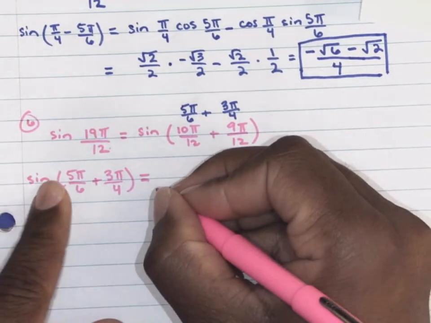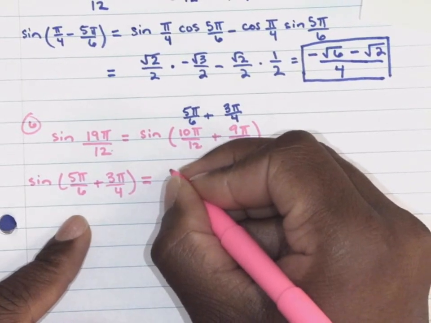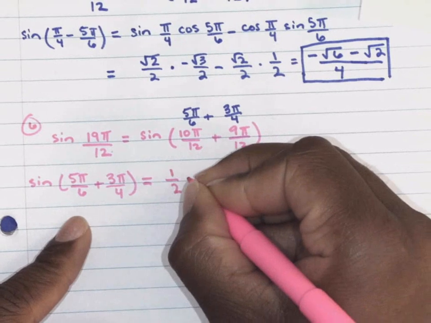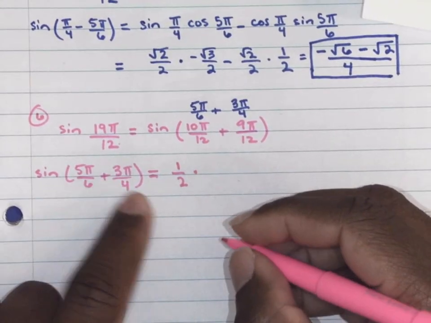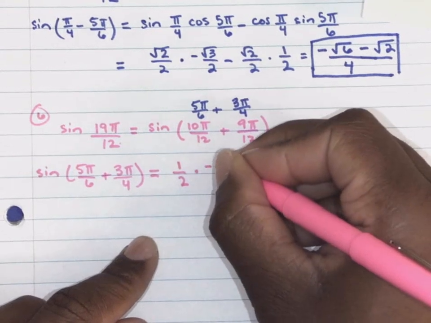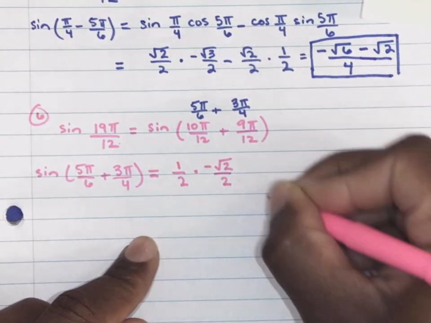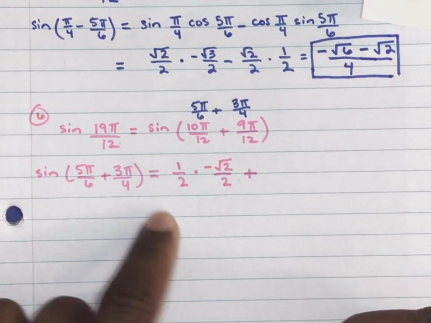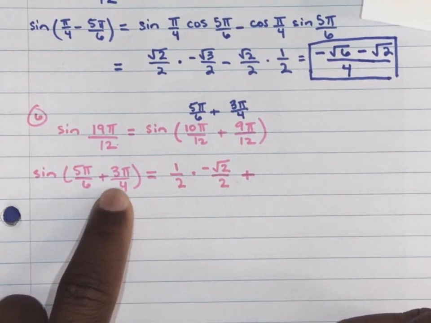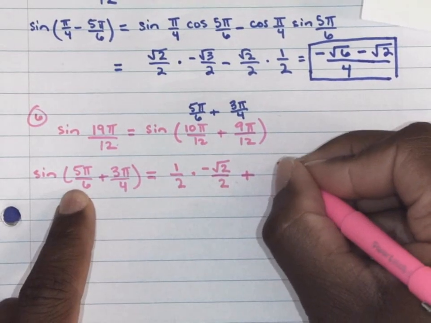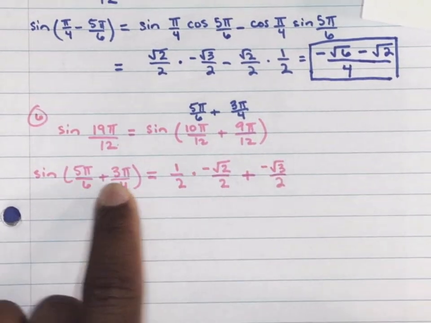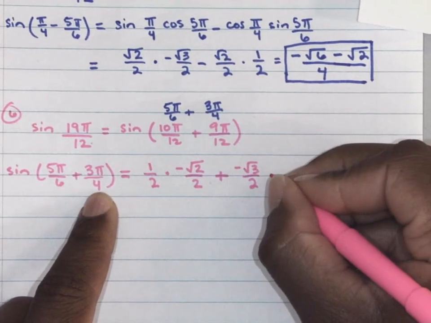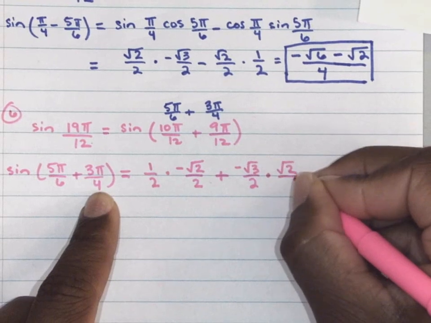So first we got sine of 5 pi over 6, which is 1/2, times cosine of angle B. So cosine of this 45-degree angle is root 2 over 2, plus we got cosine of A, which is negative root 3 over 2. And then we got sine of B, which is positive root 2 over 2.